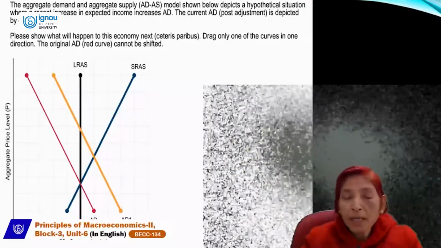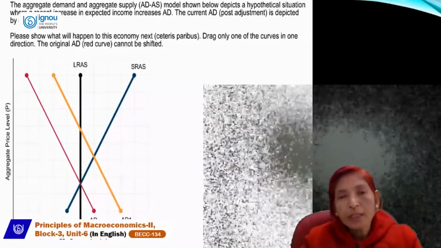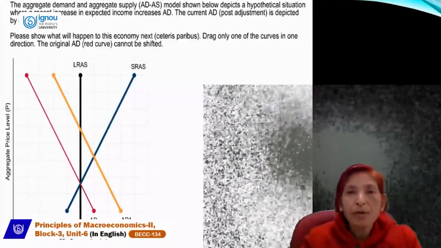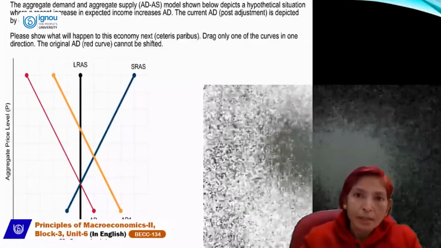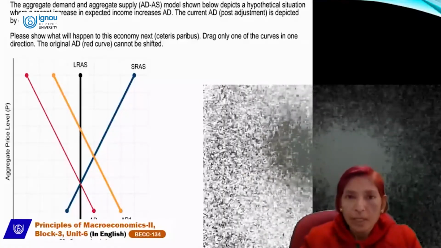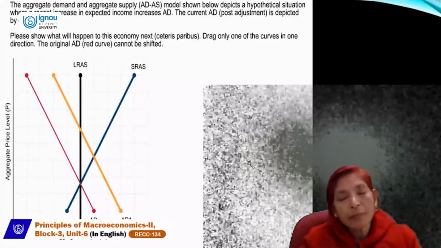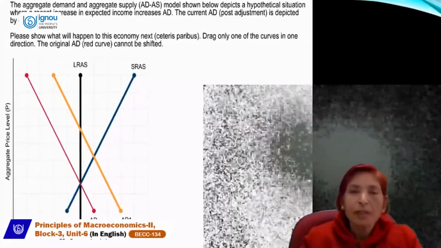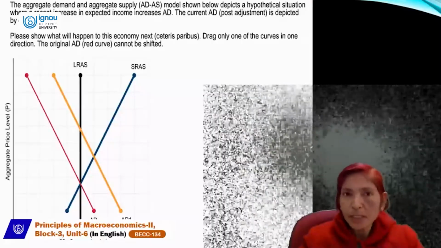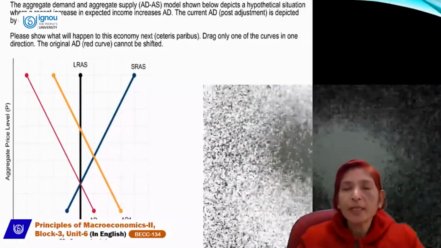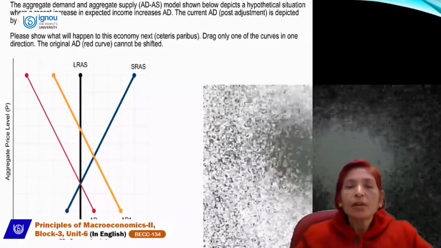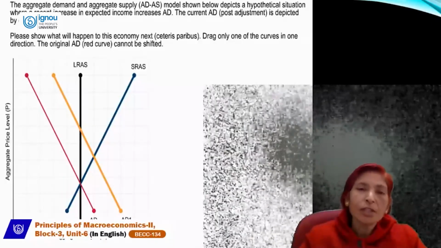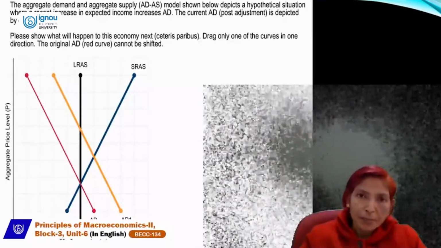So the aggregate demand curve can shift either to the right hand side or left hand side, depending upon the fiscal policy made by government, and it may be expansionary or contractionary. If this policy is expansionary, then AD will shift to the right hand side. And if this policy is contractionary, then the aggregate demand curve will shift to the left hand side.